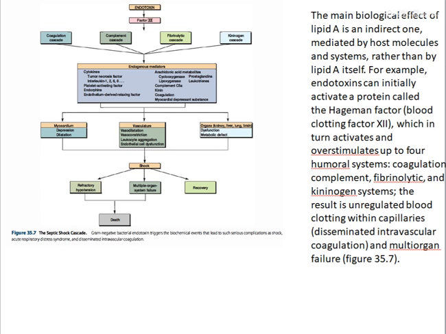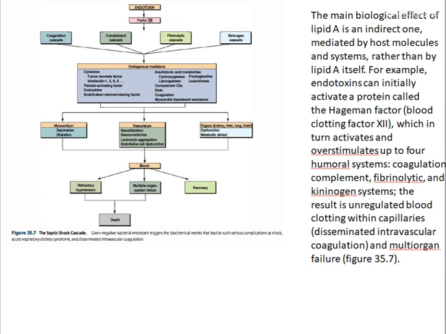Septic shock is a situation where it activates a protein called the Hageman factor, clotting factor 12, and it overstimulates the immune system. And so a large amount of immunological factors get activated, and that would result in multi-organ failure.